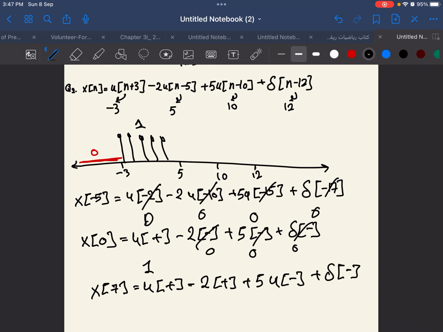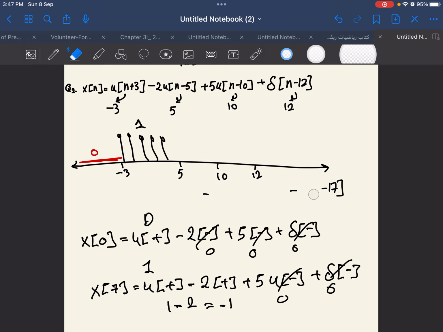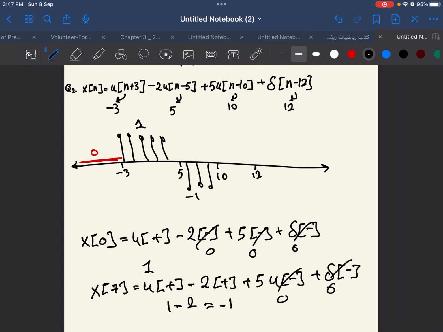So we can say that here is 0 and 0. These two will have a positive number, which is 1 minus 2, which is equal to negative 1. So any value between 5 and 10 will be negative 1.